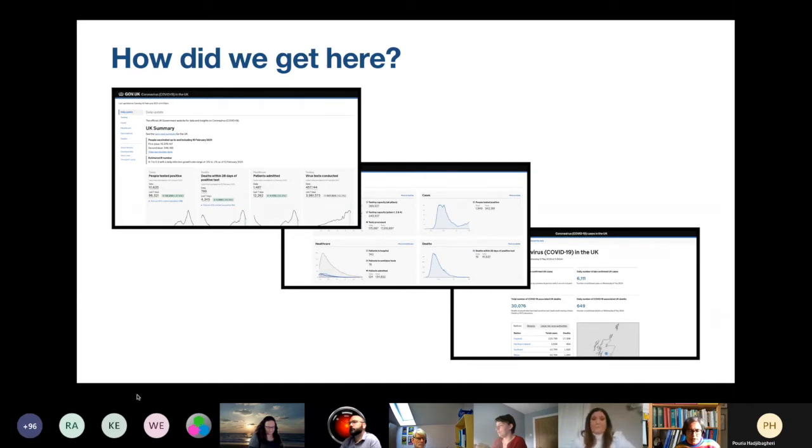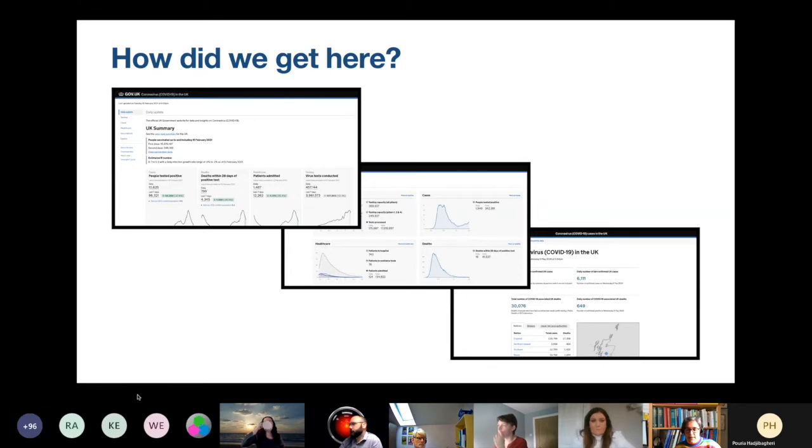We then moved on to the second version, which is the middle one in that set, which looks a bit like slides, and that's because we were asked to expand the dashboard to take the place of the daily COVID briefings.